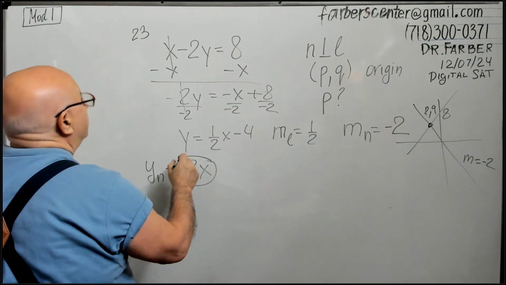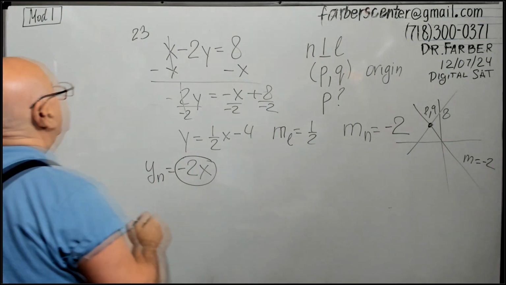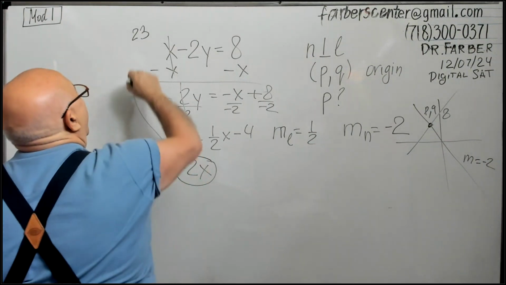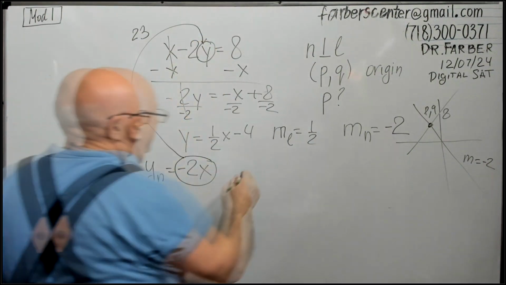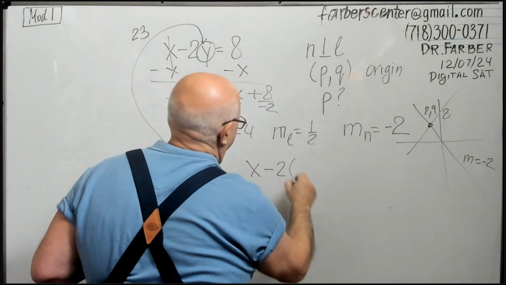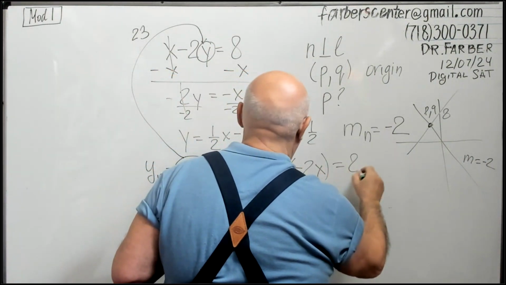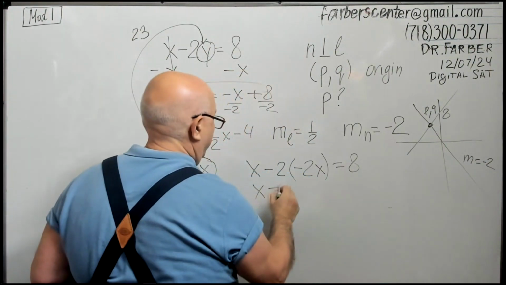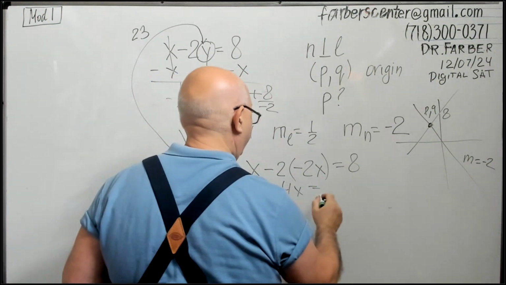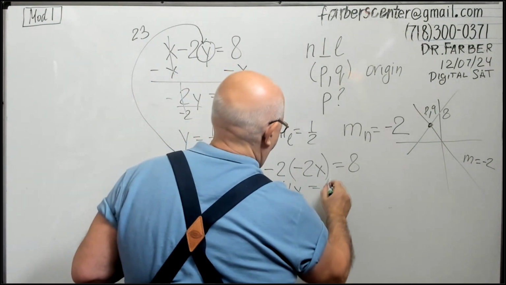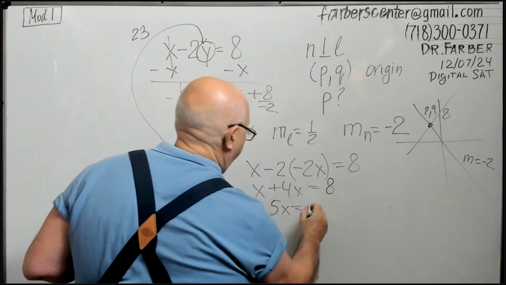Instead of y, you plug in negative 2x, right? Then you have x minus 2 times negative 2x equals 8, or x plus 4x equals 8, or 5x equals 8.